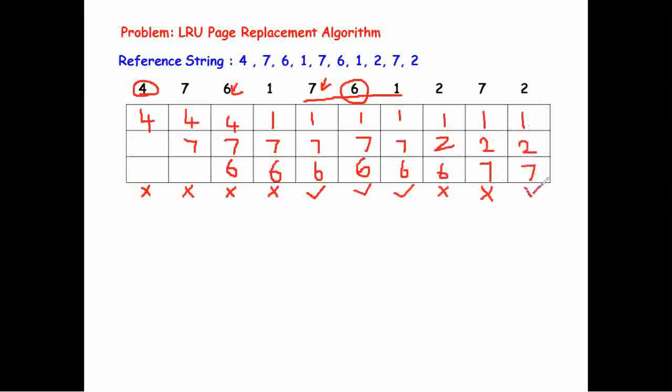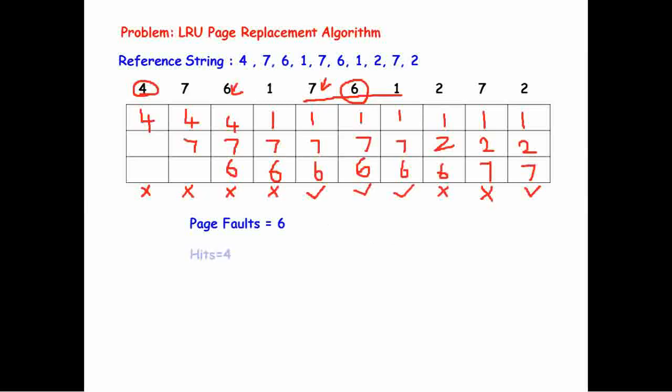Now we can calculate total number of page faults. Total number of page faults is total number of misses: 1, 2, 3, 4, 5 and 6. So here total number of page faults is equal to 6. Then total number of hits is 4. If we want to find the hit ratio, we already know the formula.